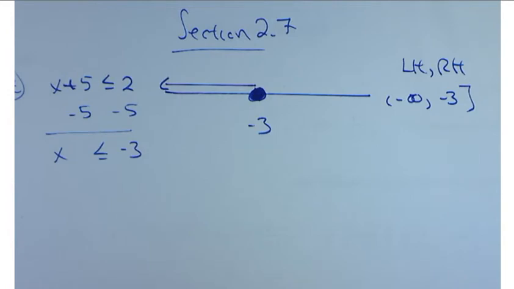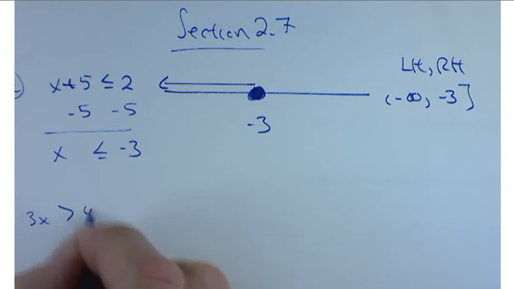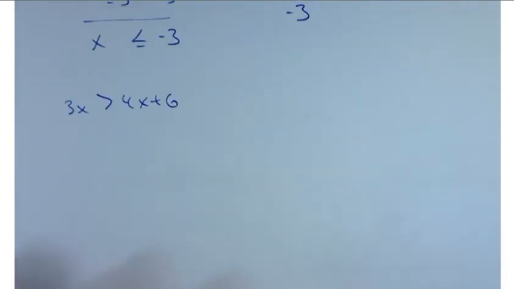Okay. Let's solve a couple more here. This is one that's on our handout. So 3x is greater than 4x plus 6. There's a couple different ways to solve this one.